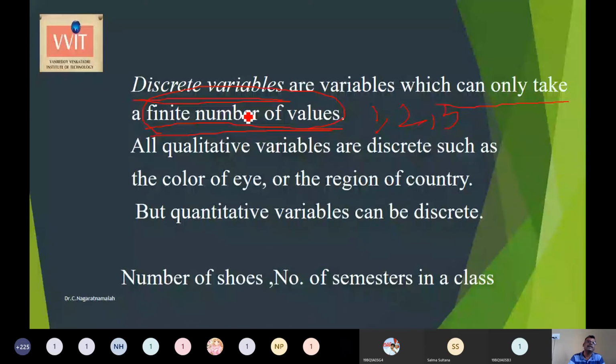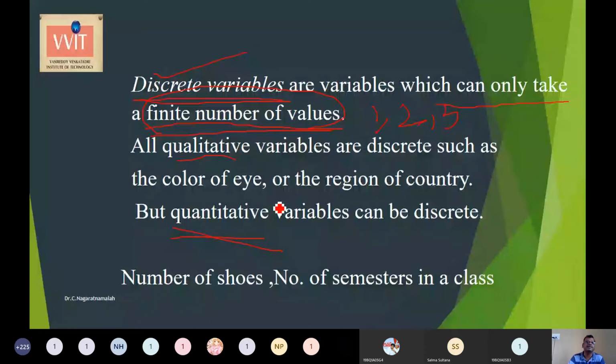Then we call that variable a discrete variable. All qualitative variables are discrete, such as color of eye or region of the country, but quantitative variables can also be discrete. Both qualitative and quantitative can be discrete. This is a very, very important concept. Remember, at the end of the slides we see one diagram related to all these variables.